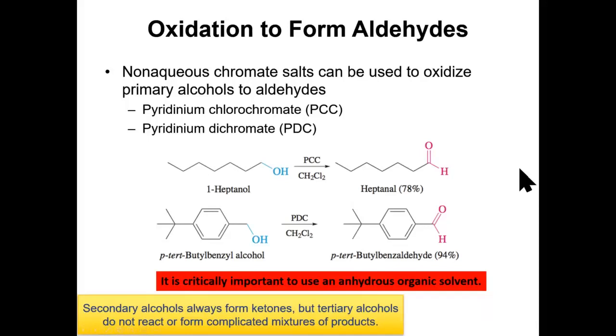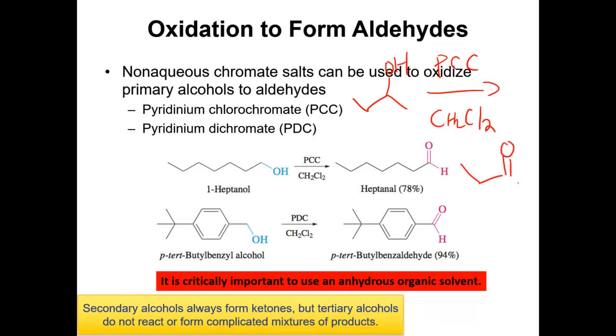You also can, if you want to, use PCC or PDC to oxidize a secondary alcohol. PCC in dichloromethane will do the same thing, oxidizing an alcohol into a ketone, be it secondary or primary.